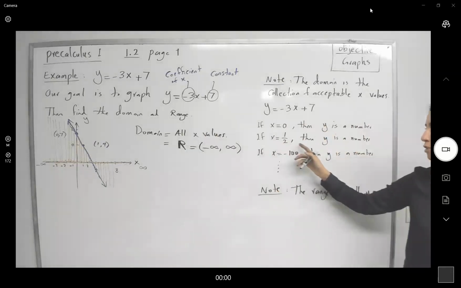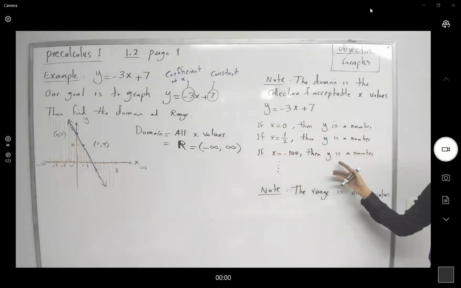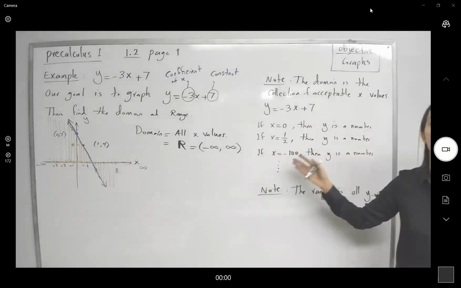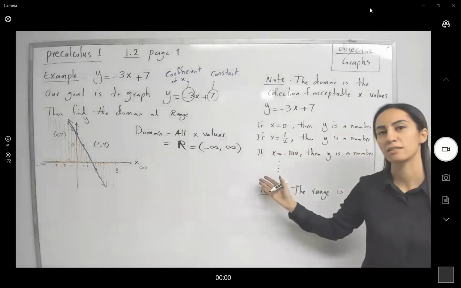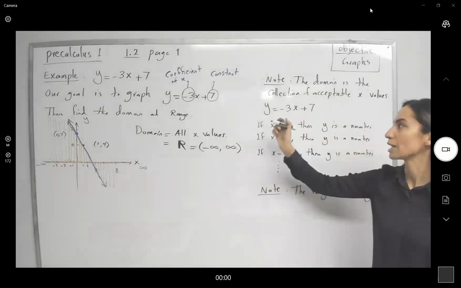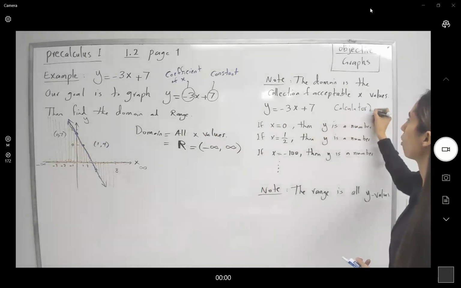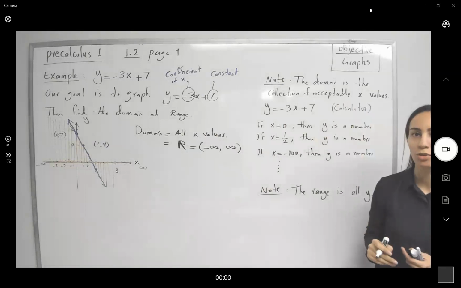My x is a half, y is a number. My x is negative 100, my y is a number. My x is pi, my y is a number. My x is square root of 5, my y is a number. You can easily use your calculator. If you use your calculator, you can calculate all of these values.